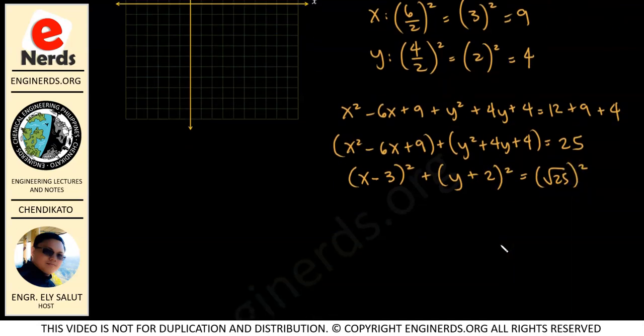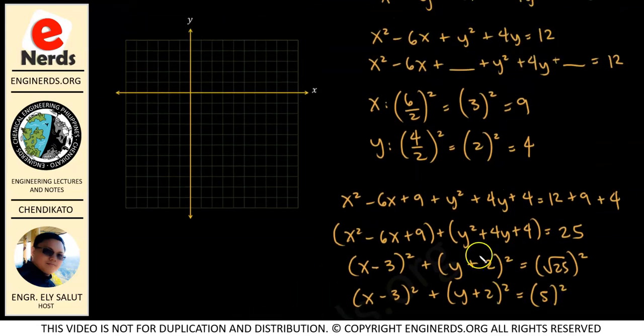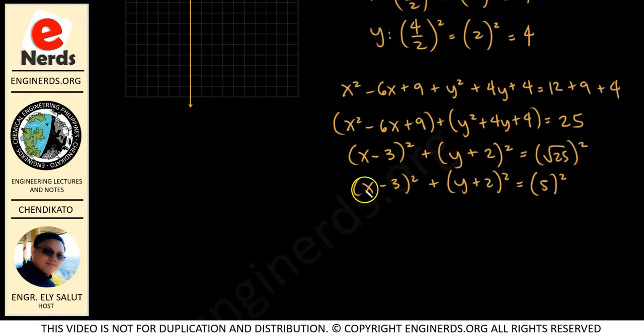Okay, so that means we have here x minus 3 squared plus y plus 2 squared is equal to 5 squared, no? So, based dito sa nakuha nating standard form, box na natin yung standard form natin.